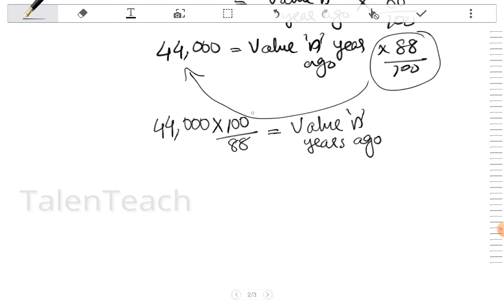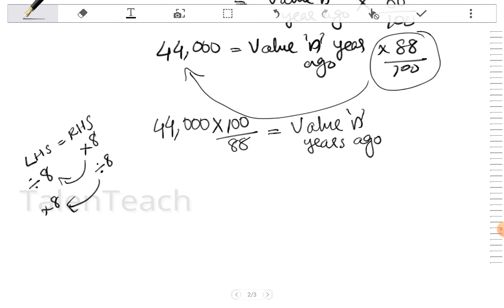Why I took the reciprocal here: we know when we transpose from one side, suppose if it is into 8 here, when we take it to the LHS it will be divided by 8. Suppose if it is divided by 8 here, it will be into 8 when it gets transposed to the other side.